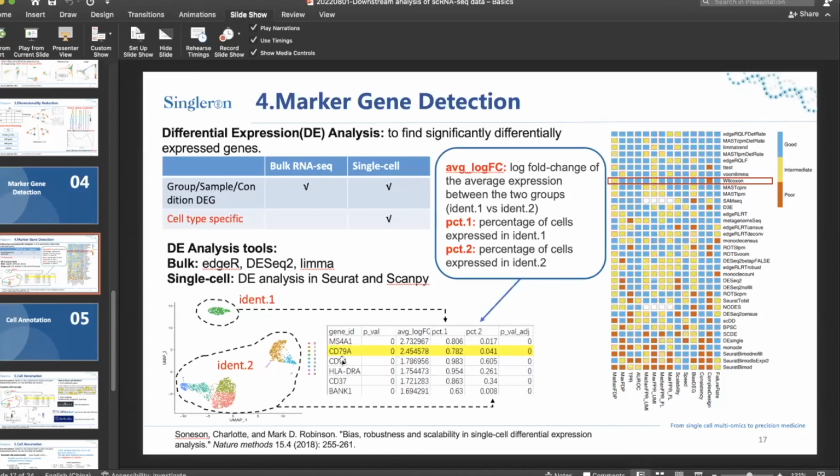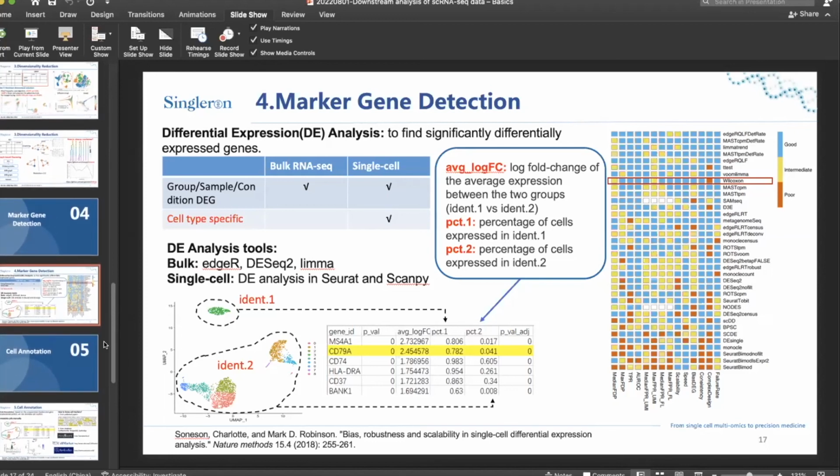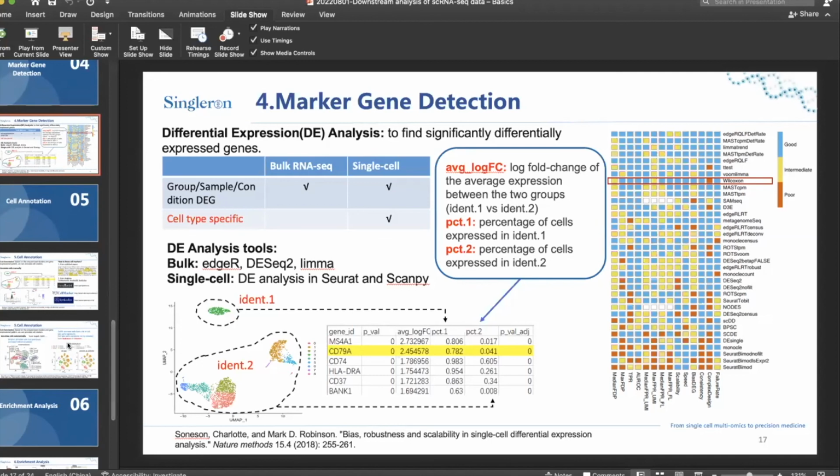Can you elaborate a bit on using reference single-cell RNA data, for example, Brain Atlas, and how to integrate them in SingleR or other approaches, especially with respect to normalized or scaled data? Sorry, I actually didn't get the question. Could you say it again? I can read it again for you.